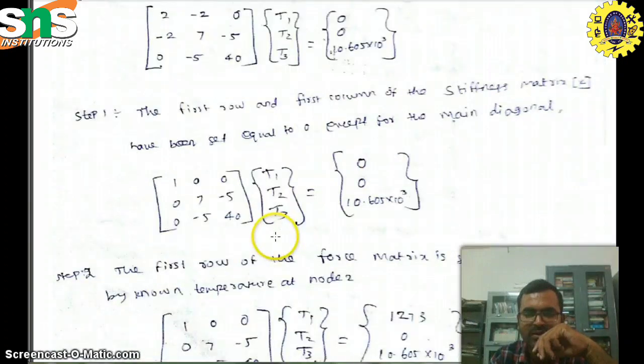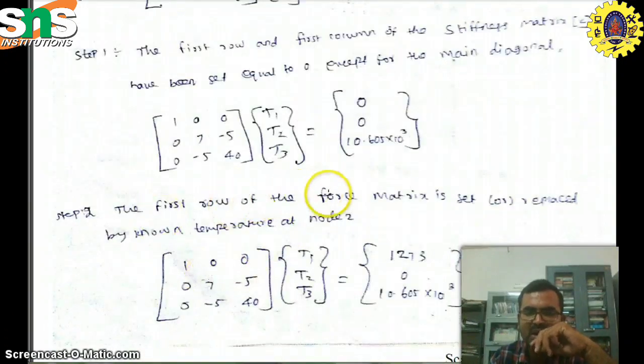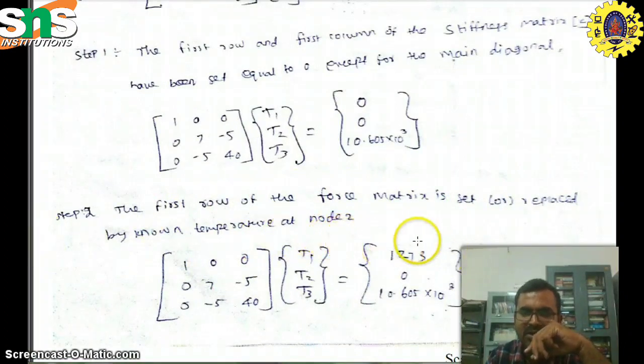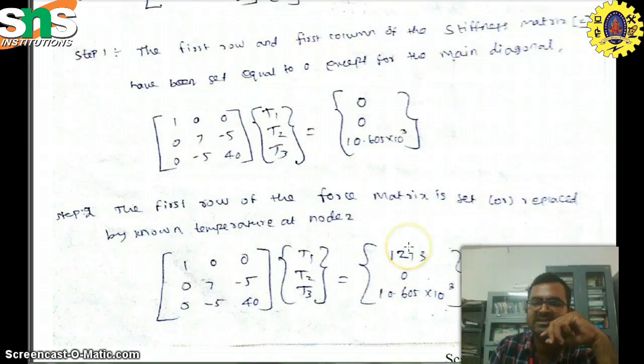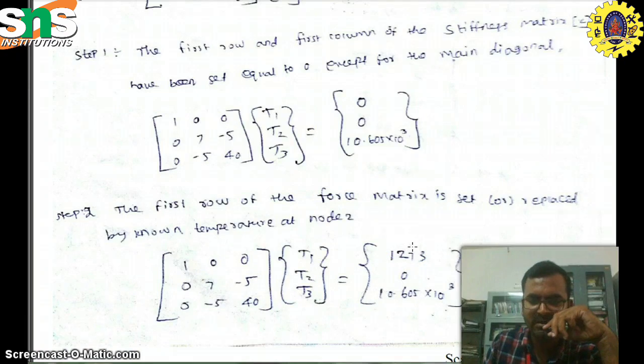The second step: the first row of the force matrix is replaced by the known temperature at node 1. We already know the known temperature is 1273 Kelvin, so we replace the first force matrix value with 1273.